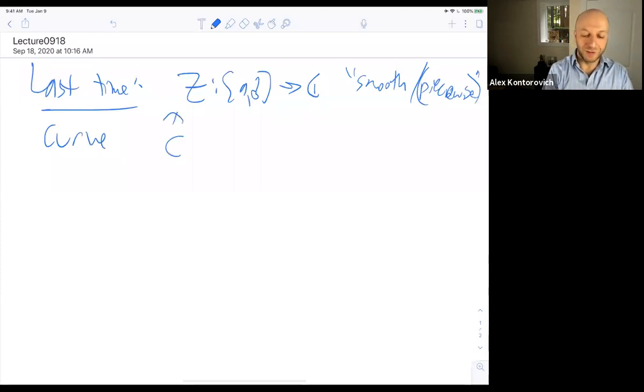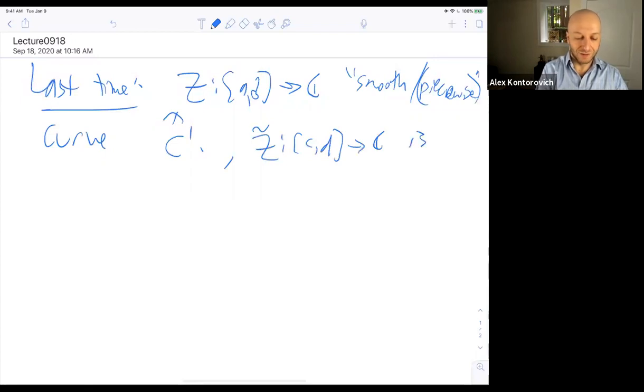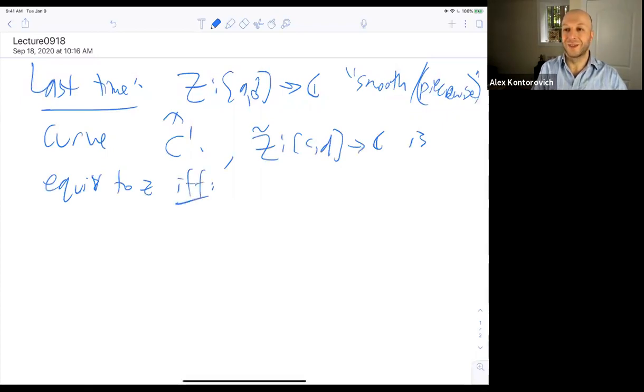If it's C1 or something, differentiable and the derivative is continuous, and two curves z tilde from [c,d] to C is equivalent to z if there's a bijection between them. Right. If there exists a map from [c,d], say, which is bijective.